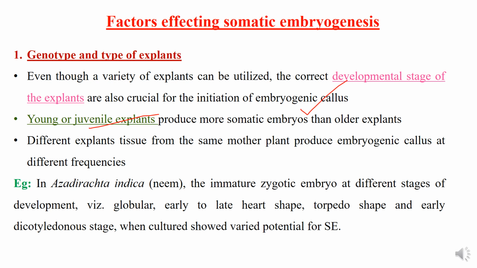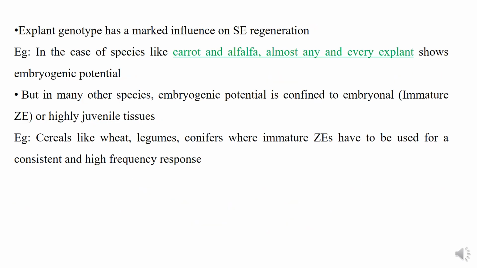In the case of neem, what we are showing is direct embryogenesis, where we are taking the pro-embryogenic cells. They have different capabilities, that is, they show different frequencies. Some cells will induce more somatic embryogenesis, some cells will induce less.